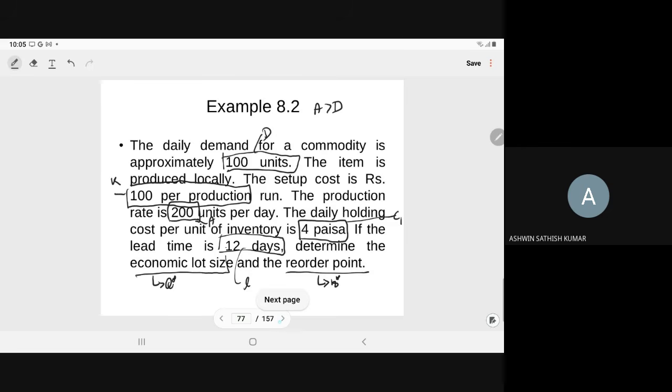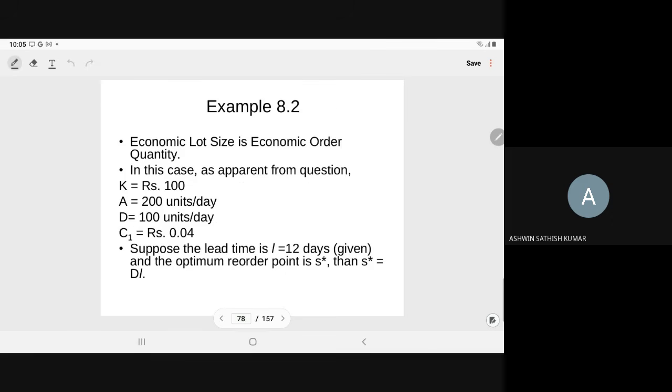In this case, first we see A is constant, D is constant with A greater than D, so it is of model 1. From model 1, economic lot size is nothing but the economic order quantity. The given parameters are K is equal to 100, A is equal to 200, D is equal to 100, C1 is equal to 0.04.